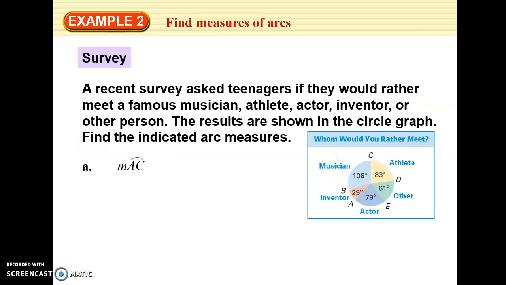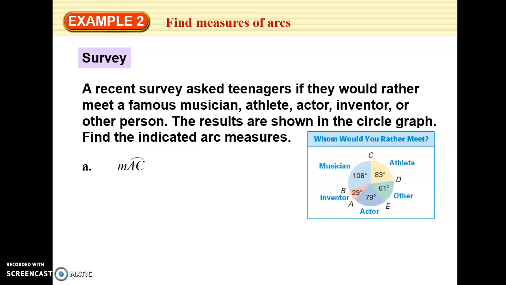Now, let's find those questions that we have here. The first question is, we have the survey in a circular graph. We have the degrees here for every part, for every result: the musician, the athlete, inventor, actor, and others.